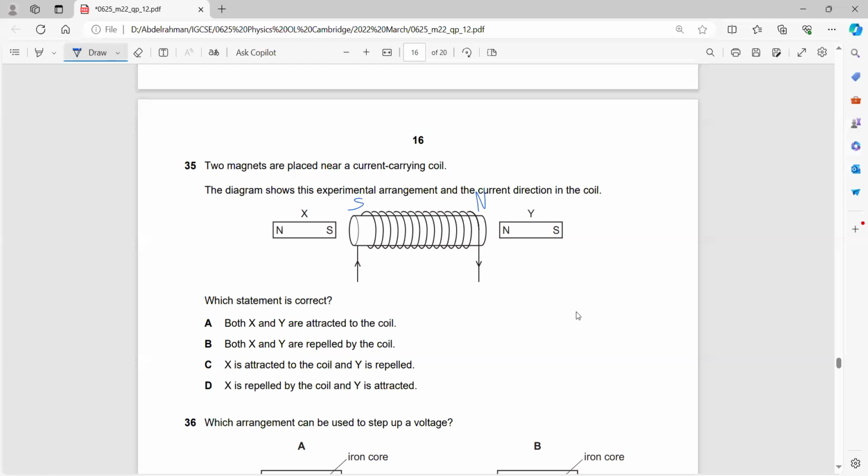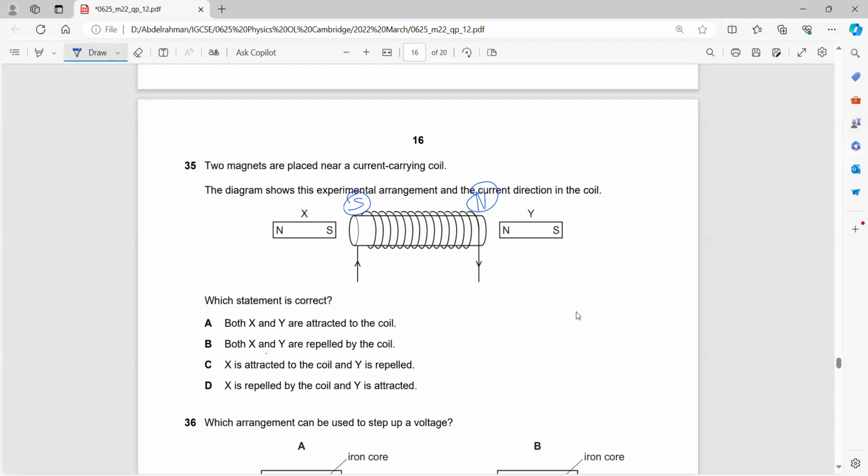It's using something called the right-hand grip rule. The grip in this case would be facing the right-hand side. If you close your four fingers, you'd find your thumb facing to the right. So the north pole would be on the right and the south pole would be on the left.